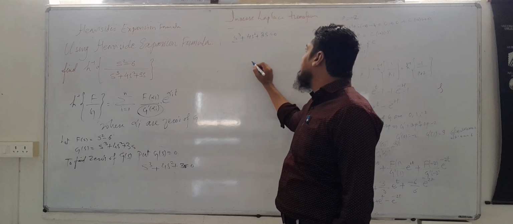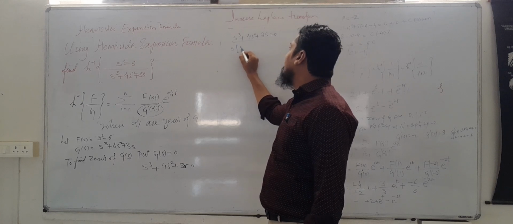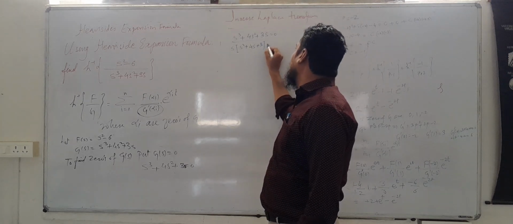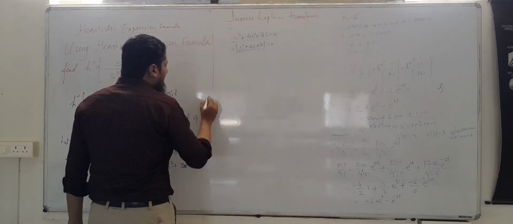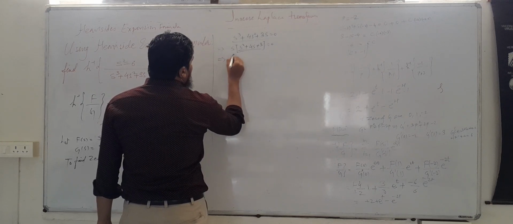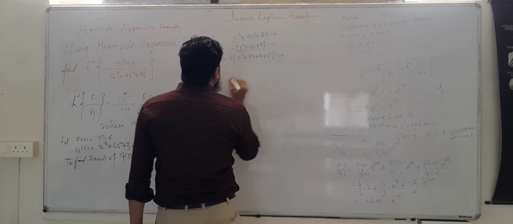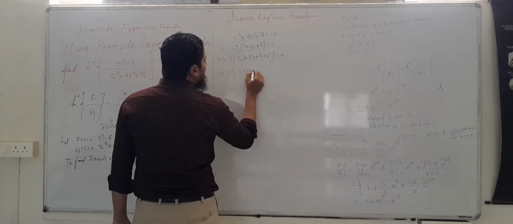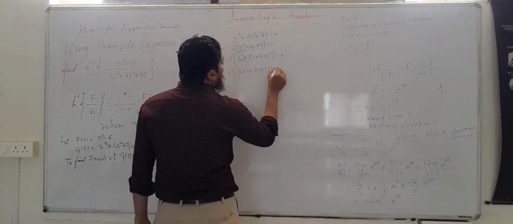Since we have s in multiplication in each term, we can take s common outside. We will get s square plus 4s plus 3, and this is a quadratic equation. We can solve it as follows: s square plus 3s plus s plus 3 equals 0. This implies, taking s common outside, s plus 3, plus 1 times s plus 3.